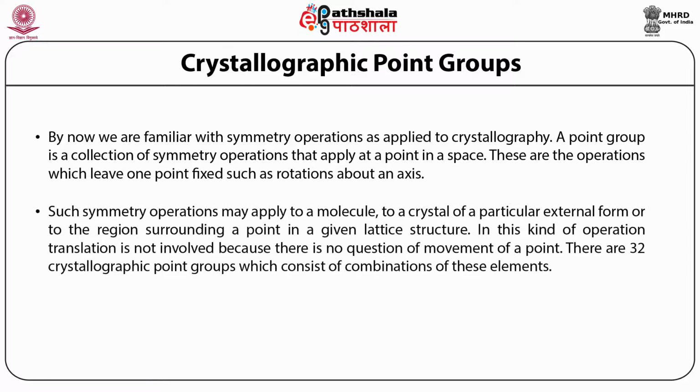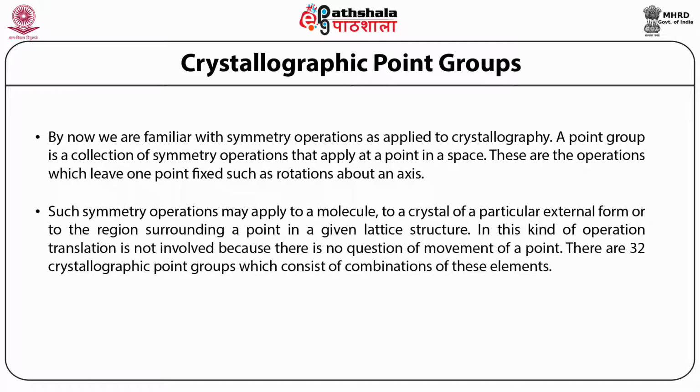Such symmetry operations may apply to a molecule, to a crystal of a particular external form, or to the region surrounding a point in a given lattice structure. In this kind of operation, translation is not involved because there is no question of movement of a point.